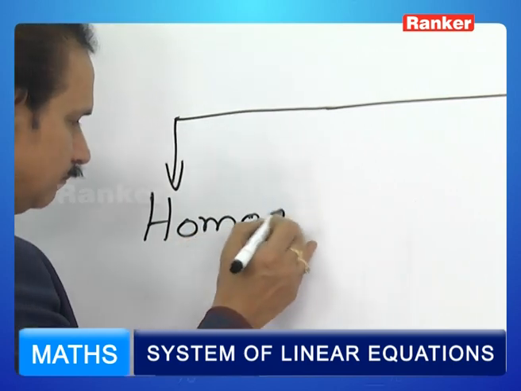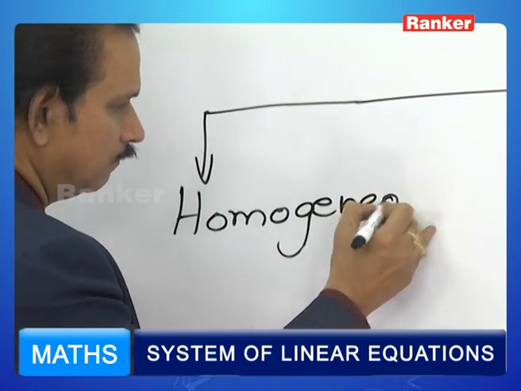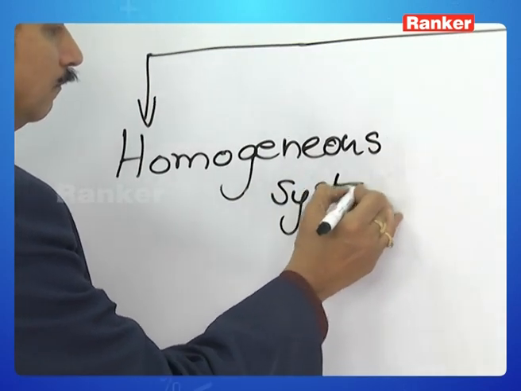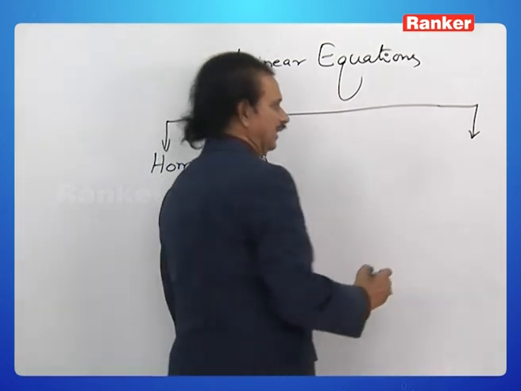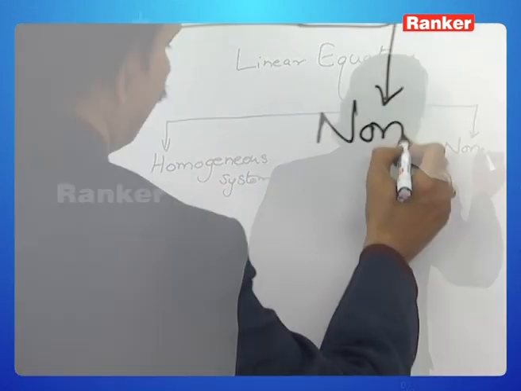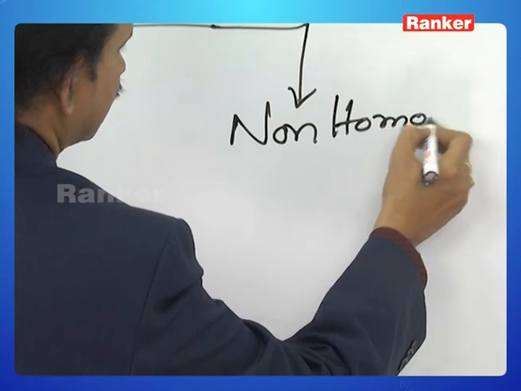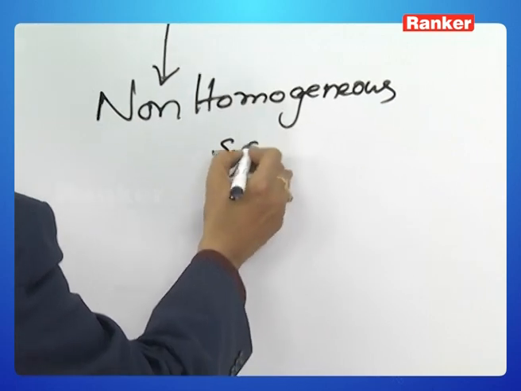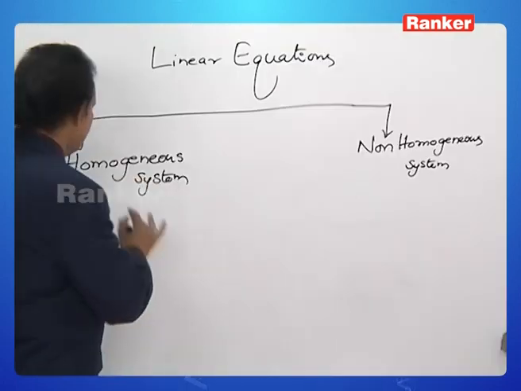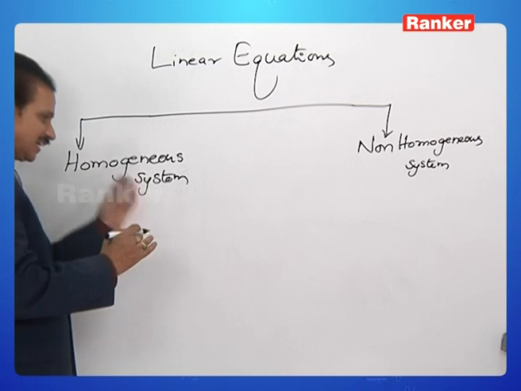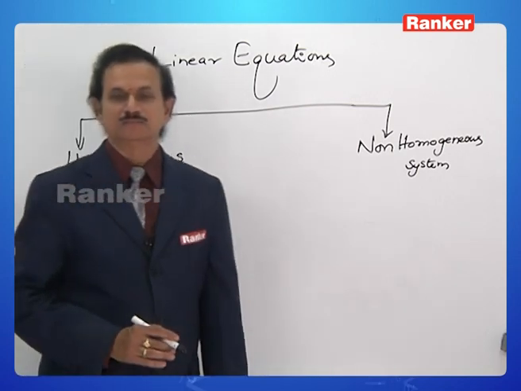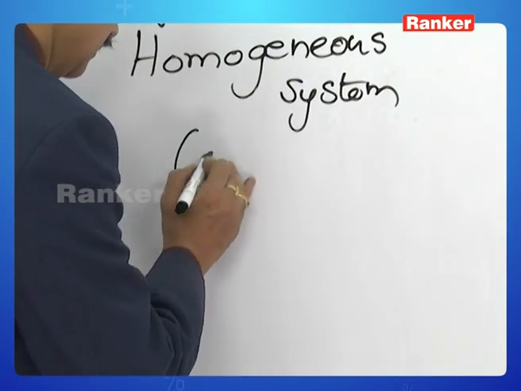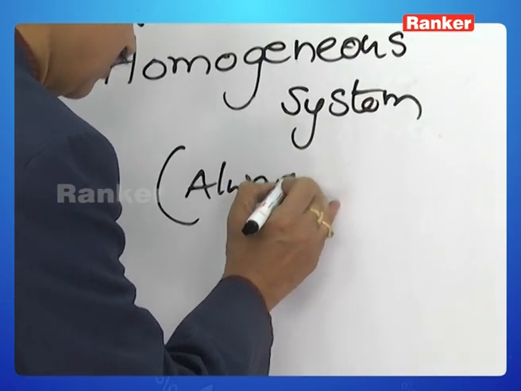Homogeneous system, and the other is non-homogeneous system. For this particular type of system, it is always consistent.